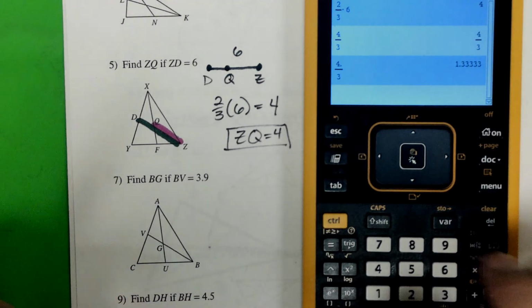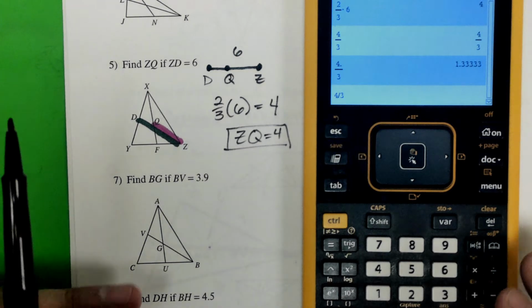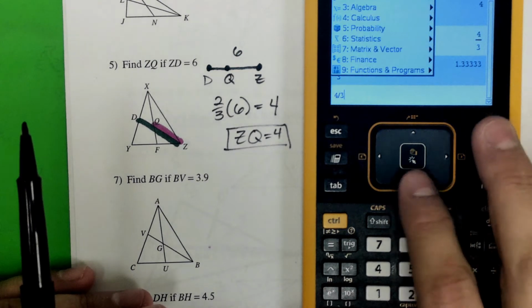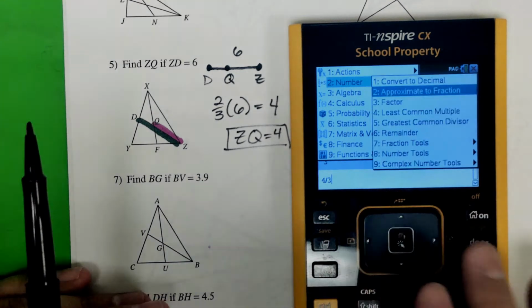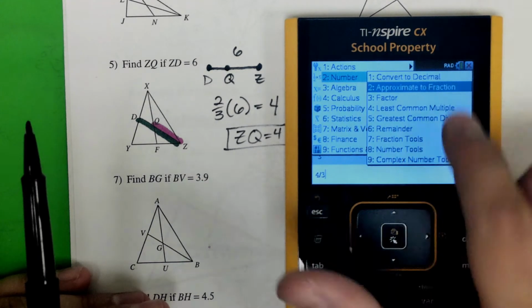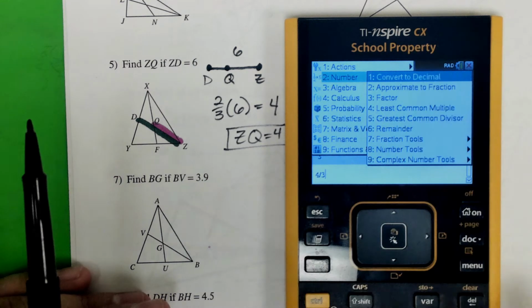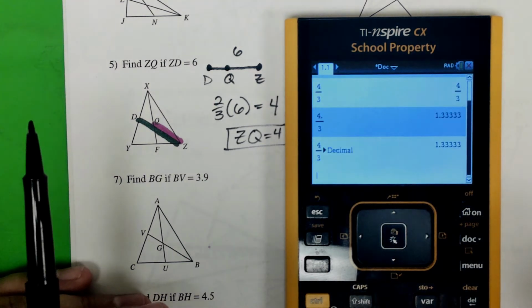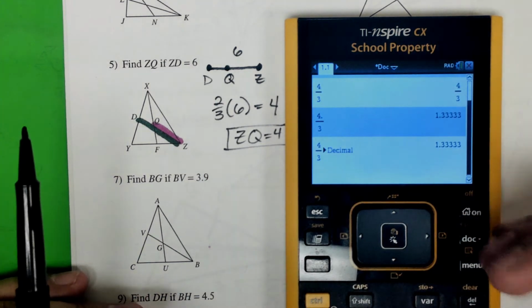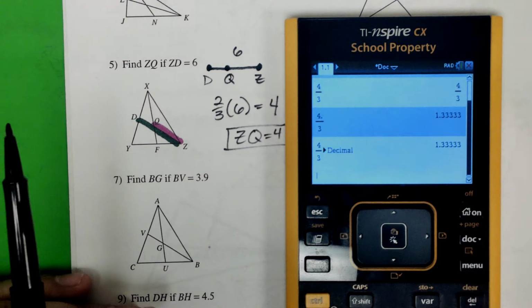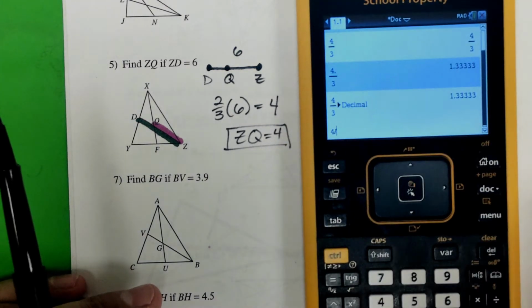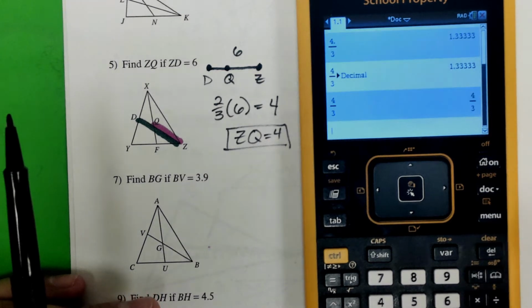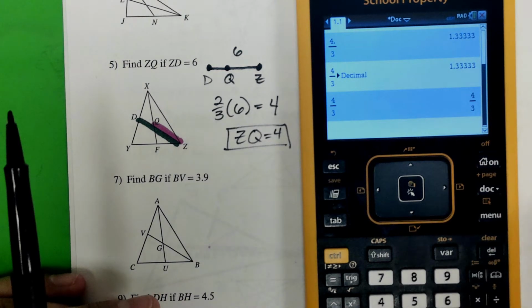You could also do menu, go down to number, and then approximate to, or convert to decimal, and it will also do that. If you notice there was also the approximate fraction, if you're ever asked to give a fraction response instead, that would be a way to do it. And then also, you can hit Control Enter.